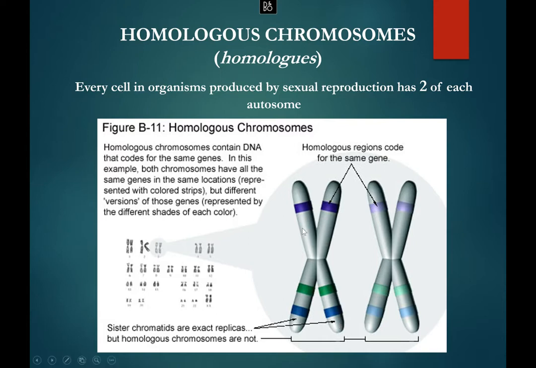So let's say this is hair color, right? You're going to have one of those alleles from mom and one from dad. But when your chromosomes are replicating in order to reproduce, you have to look at the similarities between them.